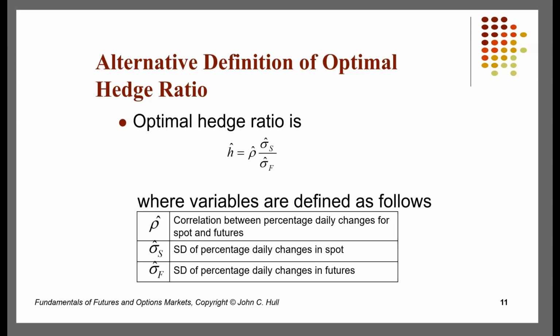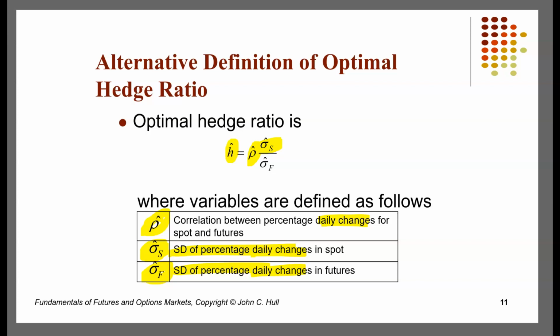And to do that is fairly simple. All you have to do is use a correlation for the daily changes, a daily standard deviation of the spot, and a daily standard deviation of the futures. That corrects our optimal hedge ratio to account for those daily settlements.